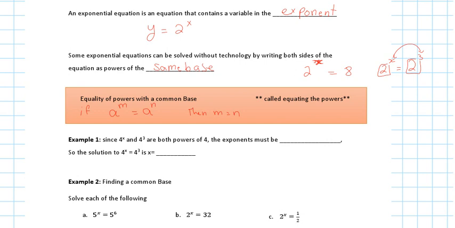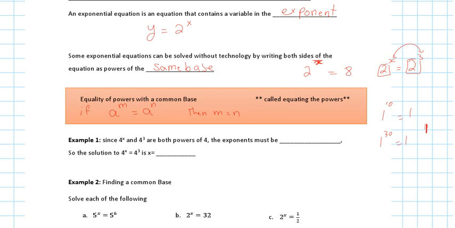Now, the only time this does not work is if a is equal to 1. Because 1 to the power of 10 is equal to what? 1. How about 1 to the power of 30? How about 1 to the power of 52? 1. So in this case, the exponents are not equal to each other, even though they give me the same answer.